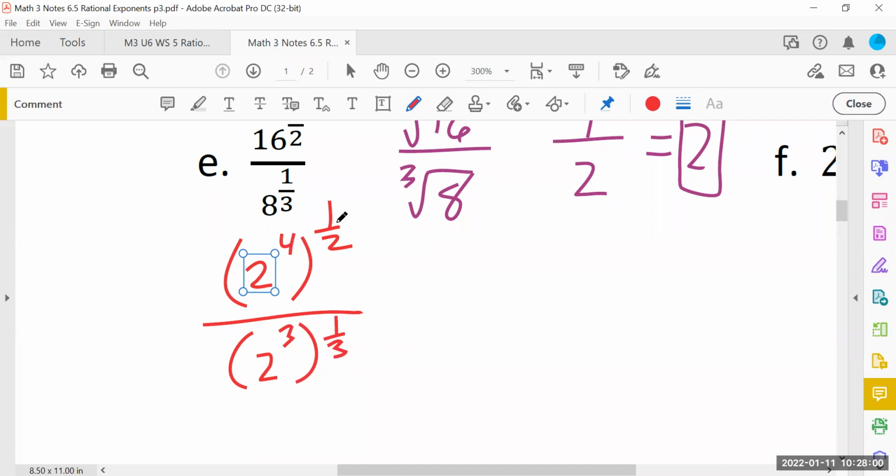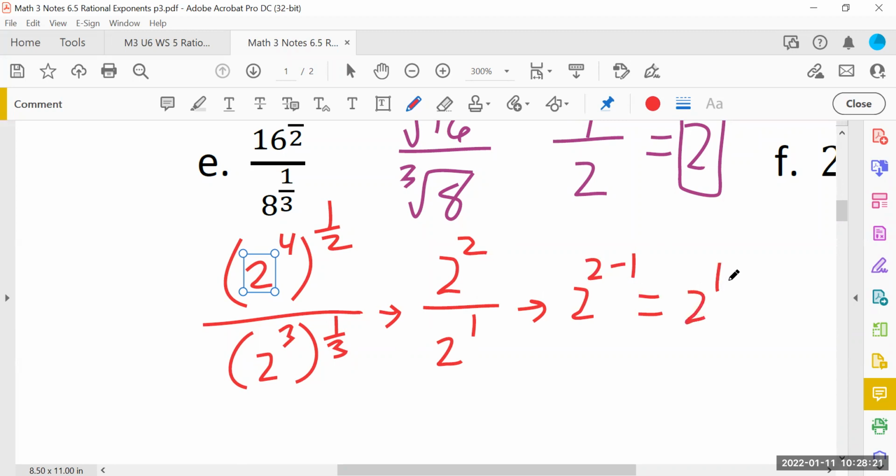Multiply the exponents. 4 times 1/2 is just 2. 2 squared. 3 times 1/3 is just 1. And then really, you could even use the fraction rule. 2 to the 2 minus 1. 2 minus 1 is 1. 2 to the 1st power. Same thing we got up here.